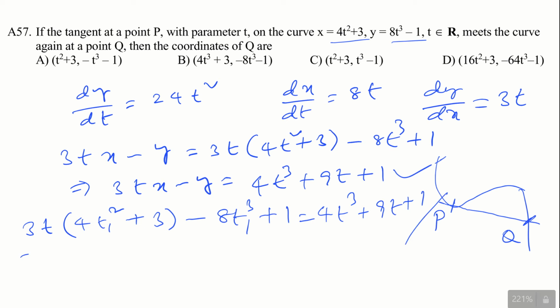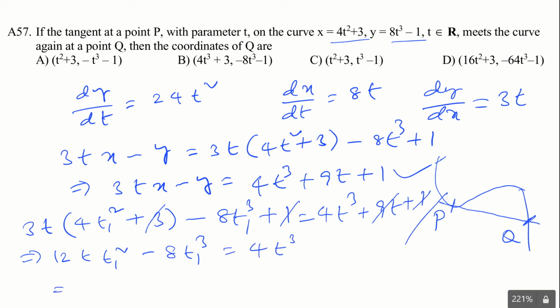So I am getting 12t t1 square, 9t I can cancel on both sides, minus 8t1 cube, 1 also I can cancel on both sides, is equal to 4t cube.